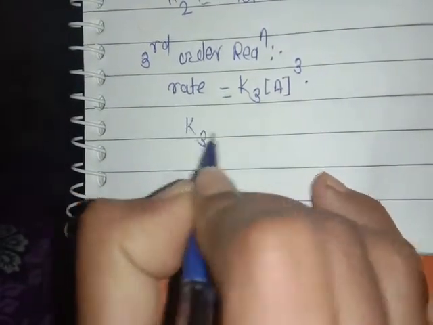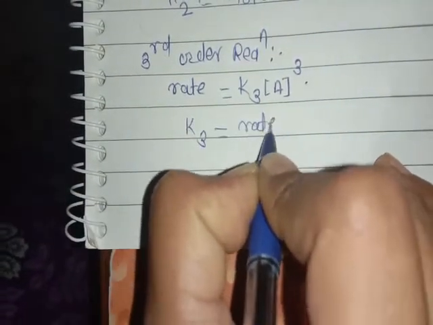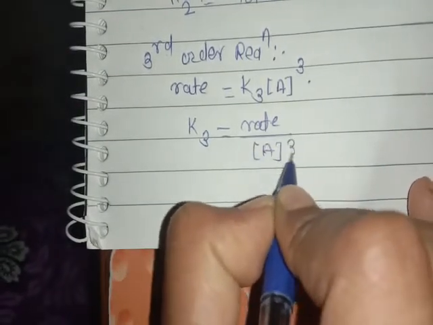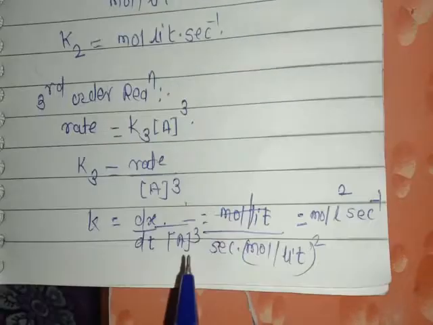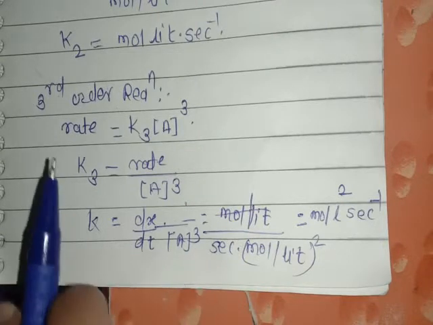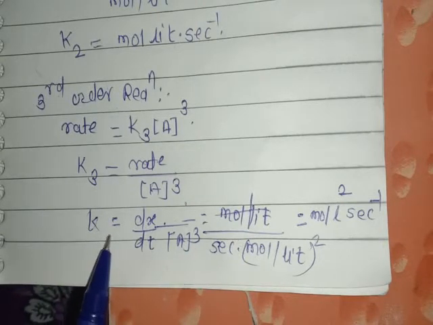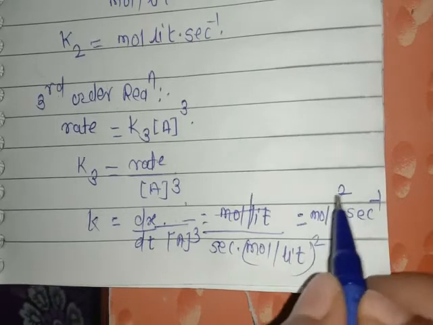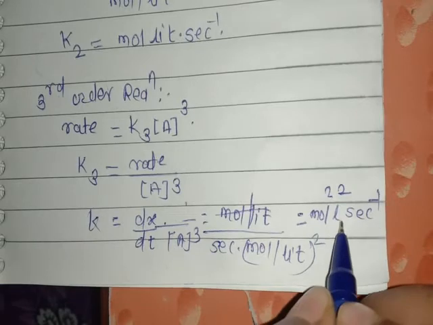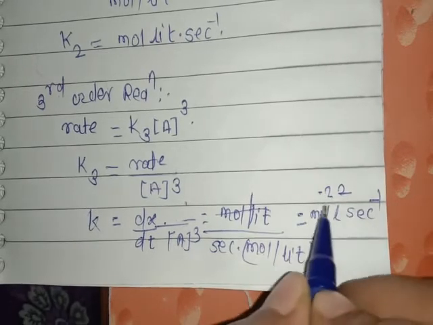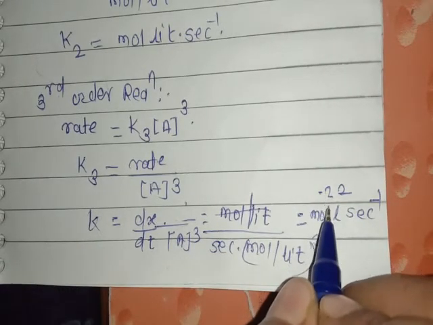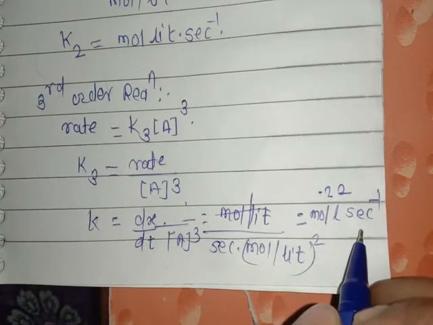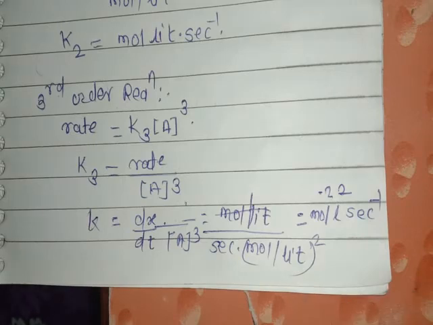Again you have to rearrange the terms and find the unit of this third order rate constant. Continuing, this third order rate constant unit is liter square per mole square per second, that is, mole to the power minus 2, liter square per second. That is the unit.